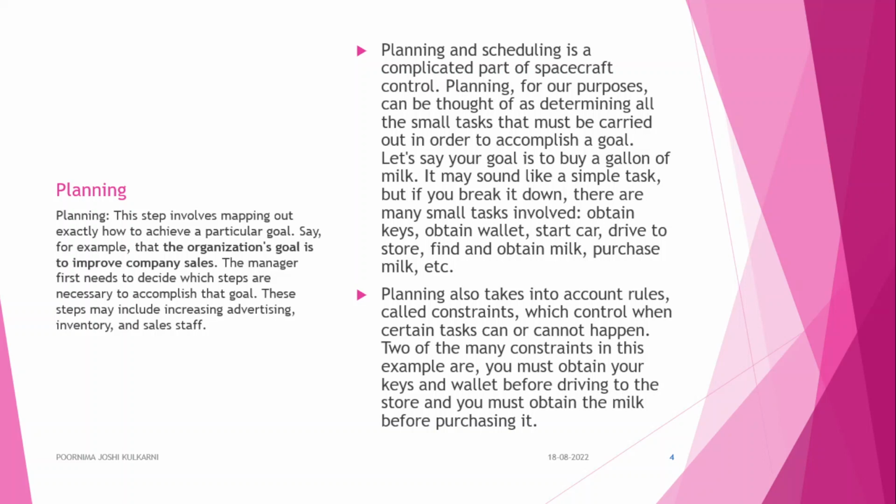Two of many constraints in this example are: you must obtain your keys and wallet before driving to the store, and you must obtain the milk before purchasing it. You should have money to purchase the milk and should go to the shop. If you don't have keys you have to come back, and it takes a little more time. If you don't have a wallet you have to come back again to get it. This is a constraint here.